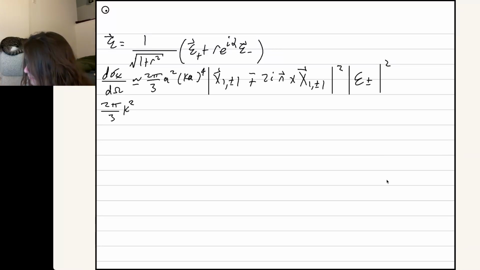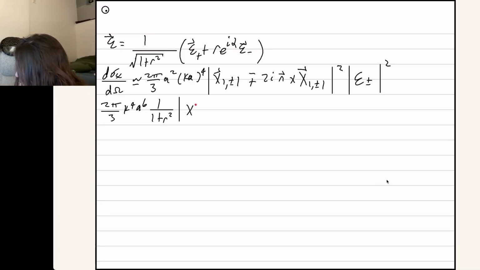That was a misprint there, but yeah, this ends up being k fourth a sixth. We'll end up with an overall factor of 1 plus r squared on the outside, because we're squaring that square root term, they both share it. But then we have to do the square modulus of the vector spherical harmonic stuff.